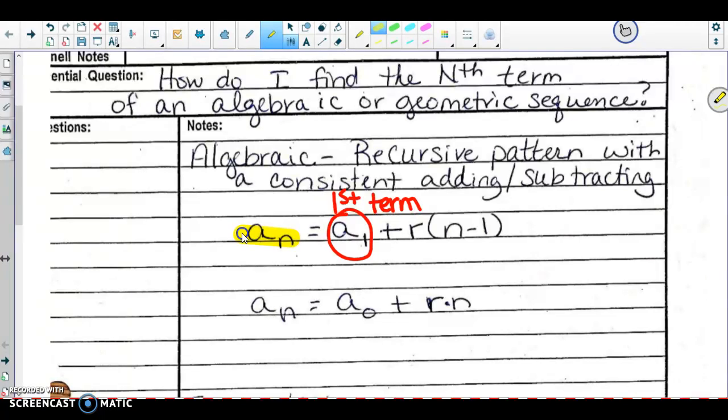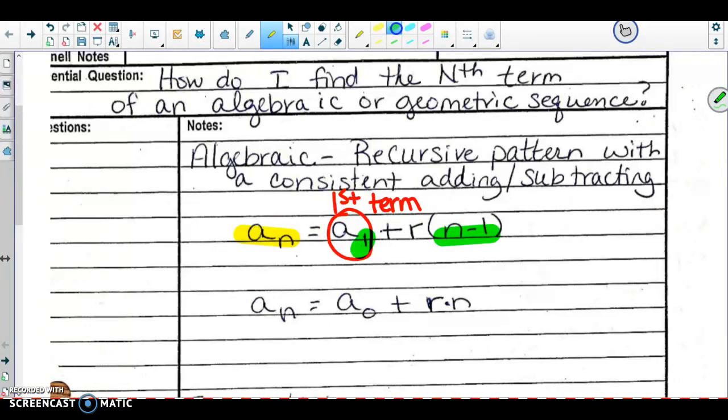So we're using the term before. So that n minus 1, when you multiply it by that rate, gets you to the first term. Okay, so a1, if you notice here, this a sub 1 goes along with the n minus 1.